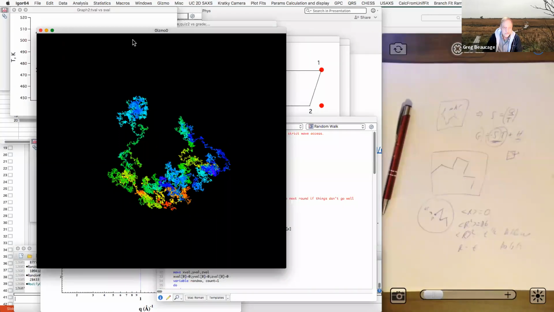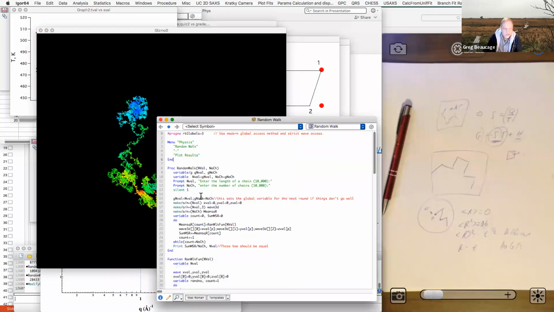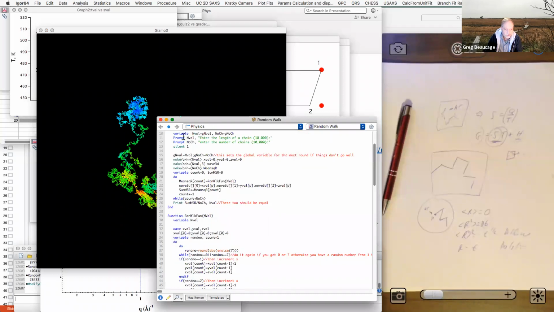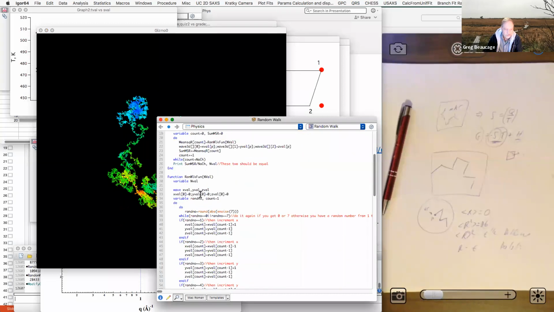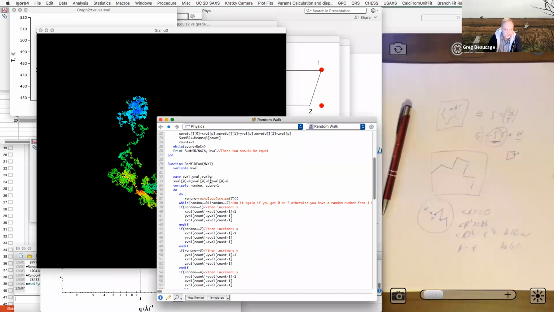So this is a program that takes, so the top part is to make it run, and the second part says I'm going to start at 0. Then each time I go through, I'm going to add a link to the chain.